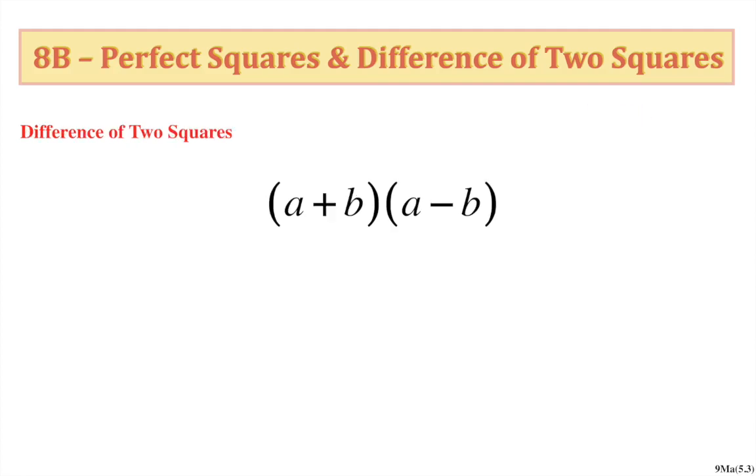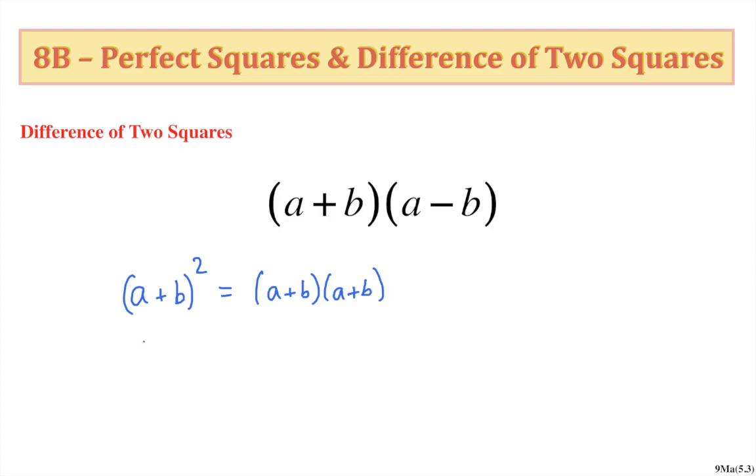Our third type is called a difference of two squares, and that's where we have two brackets that both start with the same thing, both finish with the same thing, but one bracket has a plus and one bracket has a minus. Let's just look at what we did before. When we had a plus b squared, that was a plus b times a plus b.